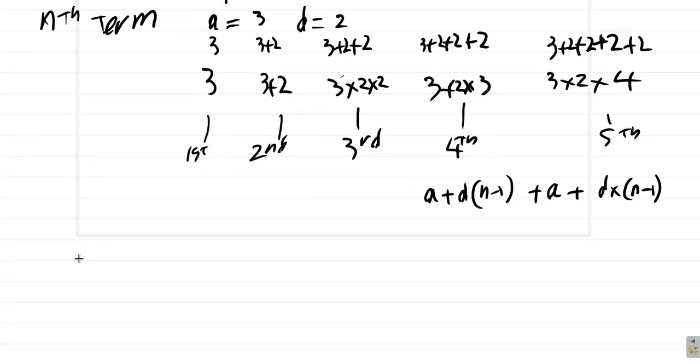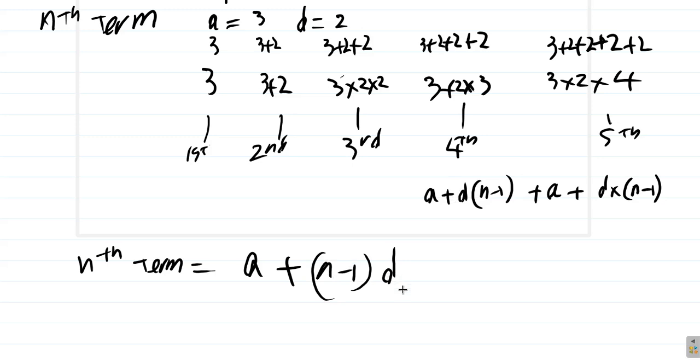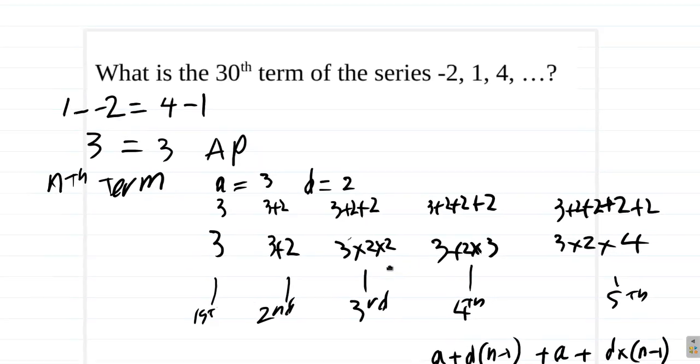So the nth term is a plus n minus 1 times the difference. Remember that. If you didn't remember, this is the nth term of an arithmetic progression. It's good to try and remember. Saves a lot of time.